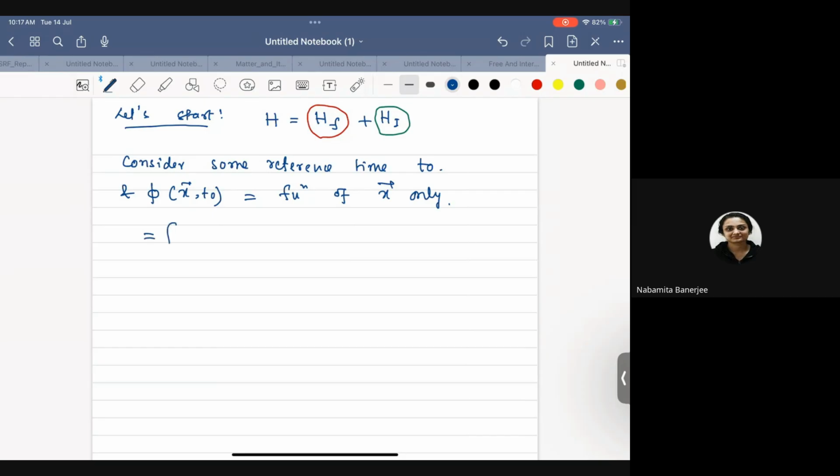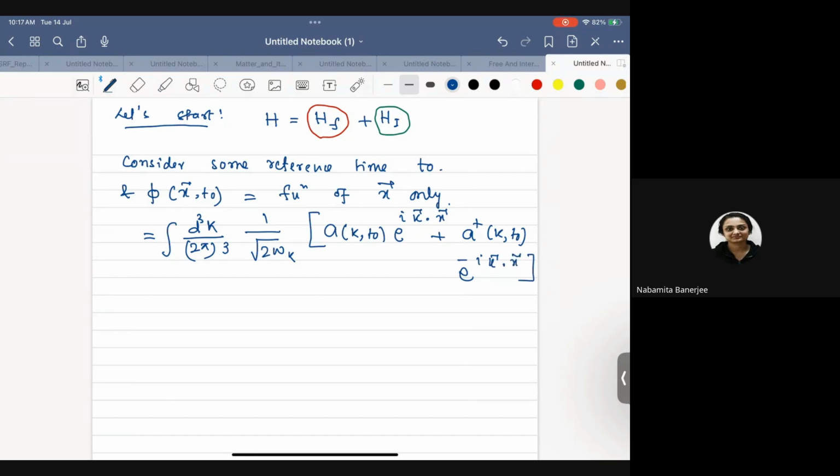And if I want to write it in momentum space, by now we all know that we can write it as an integral d cube k, 1 over square root of 2 omega k, of a k at t naught exponential of i k dot x plus a dagger k at t naught exponential of minus i k dot x. Okay, this is just notational, but the first level of difficulties.